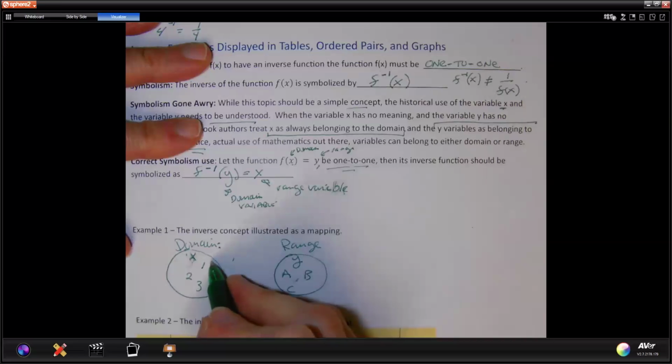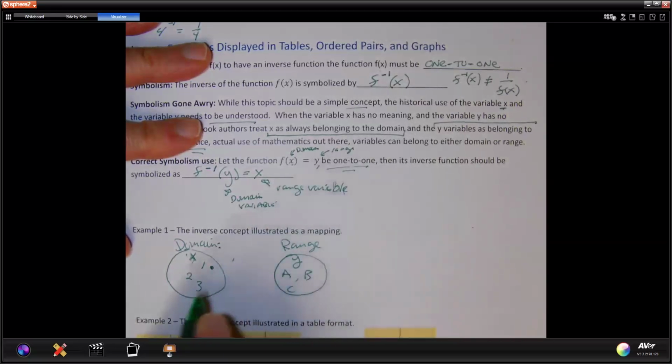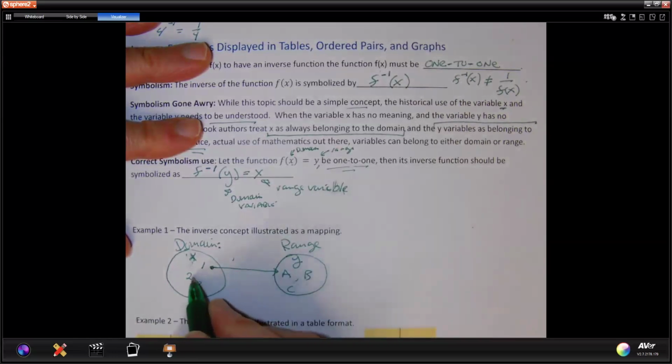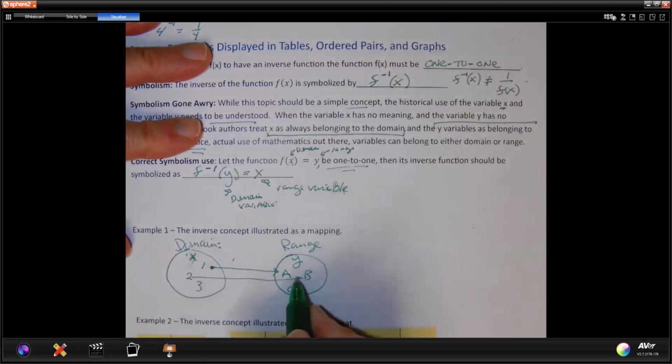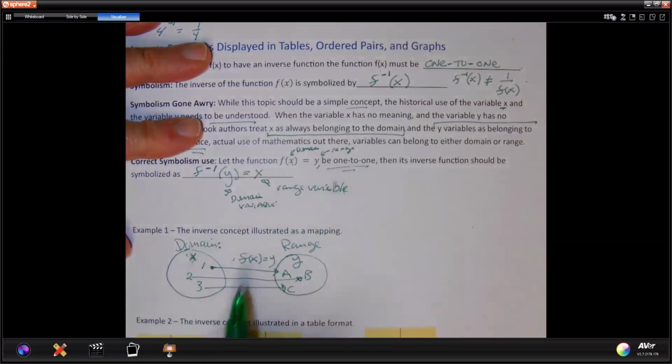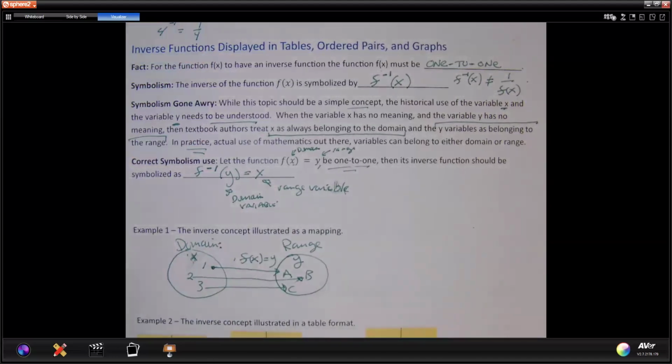Great. And then what does a function do? A function takes objects here and maps them over to the other side. So let's say 1 goes to A, 2 goes to B, and 3 goes to C. And this is the journey of the rule f of x equals y.